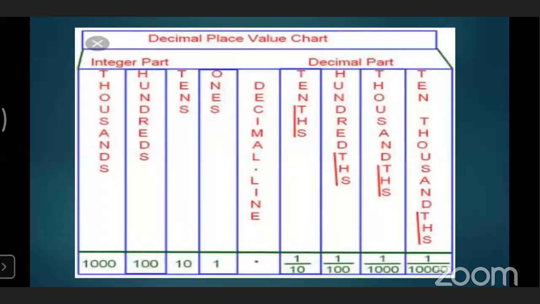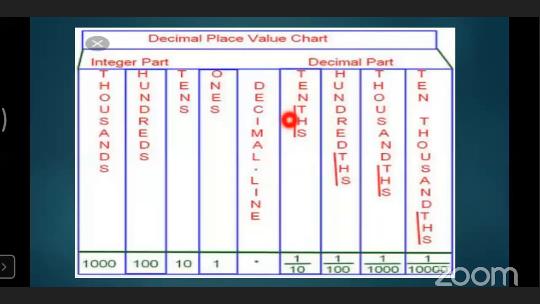Now let us see this decimal place value chart. It will be very clear for all of you. Okay, see. Here are ones, tens, hundreds, and thousands. And here is a decimal point. Now we have divided this 1 into 10 equal parts, and the place of that is right of the unit place or ones place, and that becomes tenths.